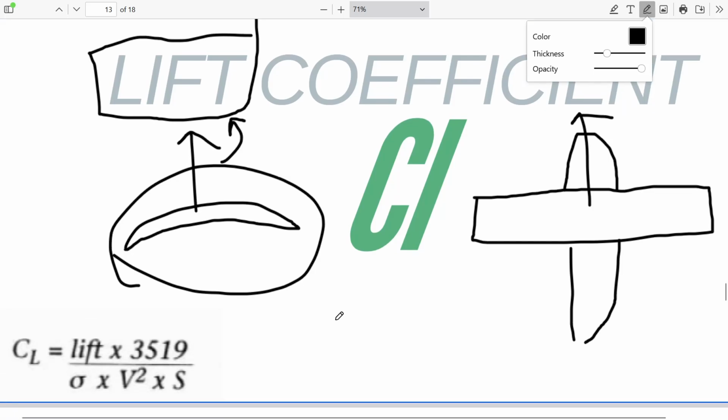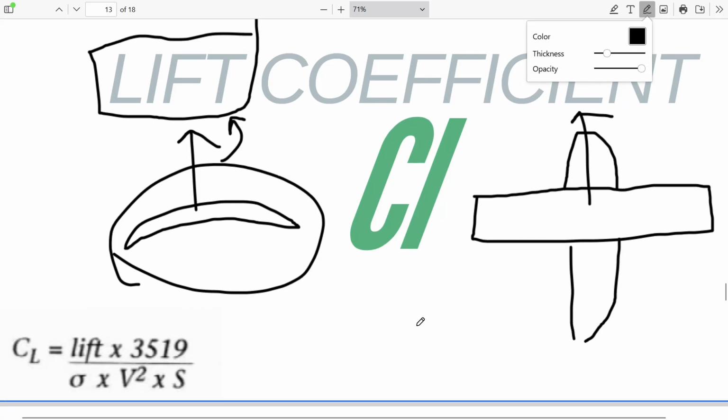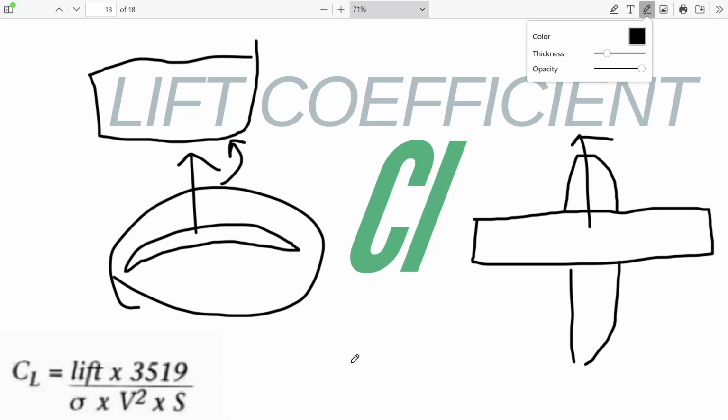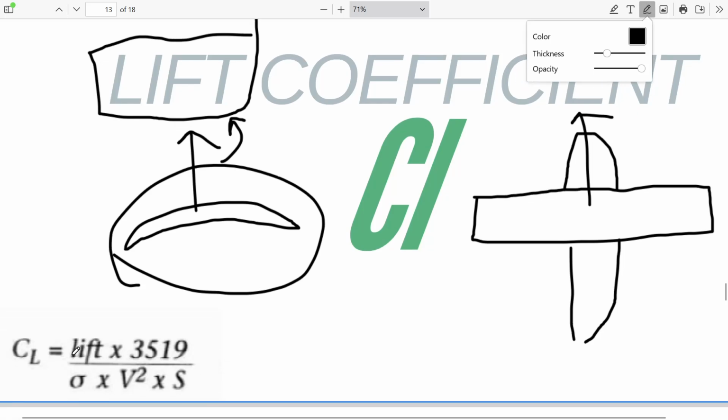So basically we got the formula and we can calculate the CL, but this doesn't matter for us for now. It's just a simple formula. What I want is to get an understanding of how we think about CL. The more the lift coefficient is, the more lift it can generate at a higher velocity. Take everything to the other side and keep lift here. So lift is directly proportional to CL.